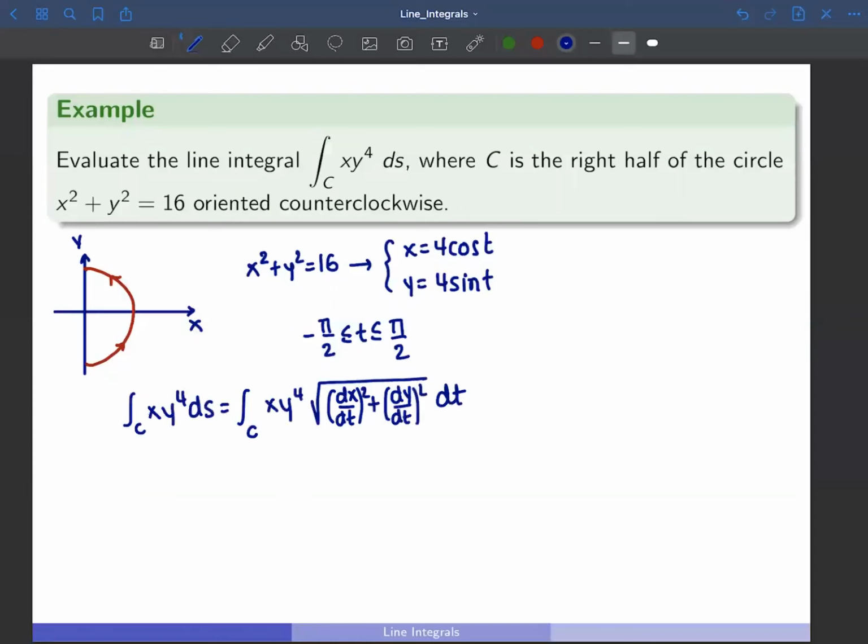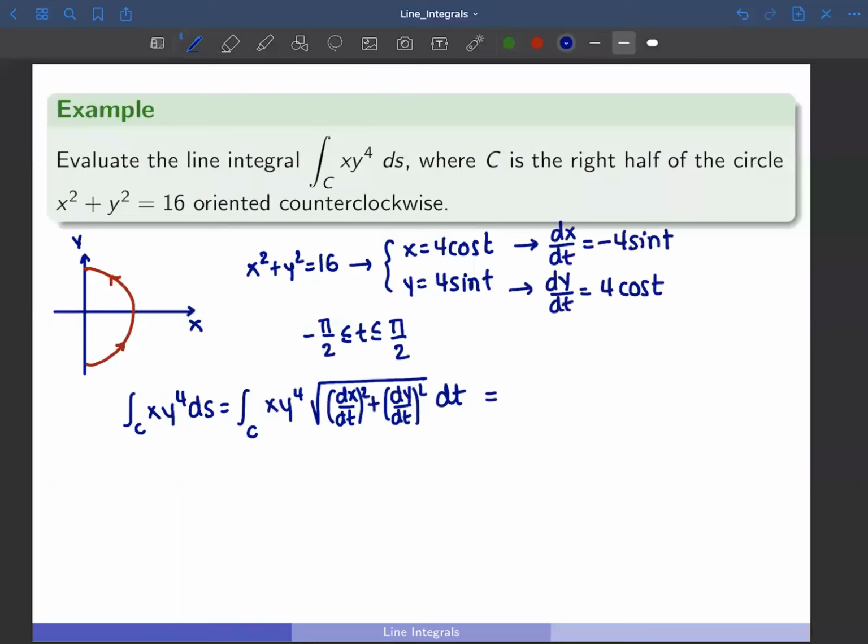And we can evaluate dx over dt from the fact that x is equal to 4 cosine t. So dx over dt will be equal to negative 4 sine t. And also we have that dy over dt is equal to 4 cosine t.